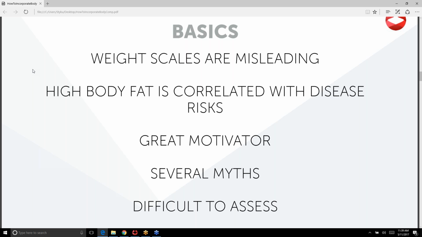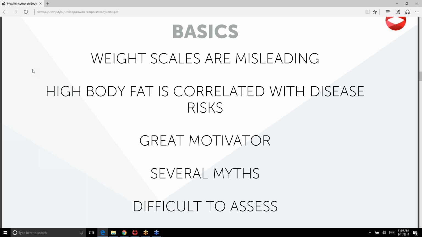Being able to remove visceral fat from your body is extremely important to reducing your risks of obesity-related diseases. So when I talk about obesity-related diseases, I'm talking about diabetes, cancer, metabolic syndrome, respiratory disease, heart disease. All of these are linked to some degree to high body fat percentage.